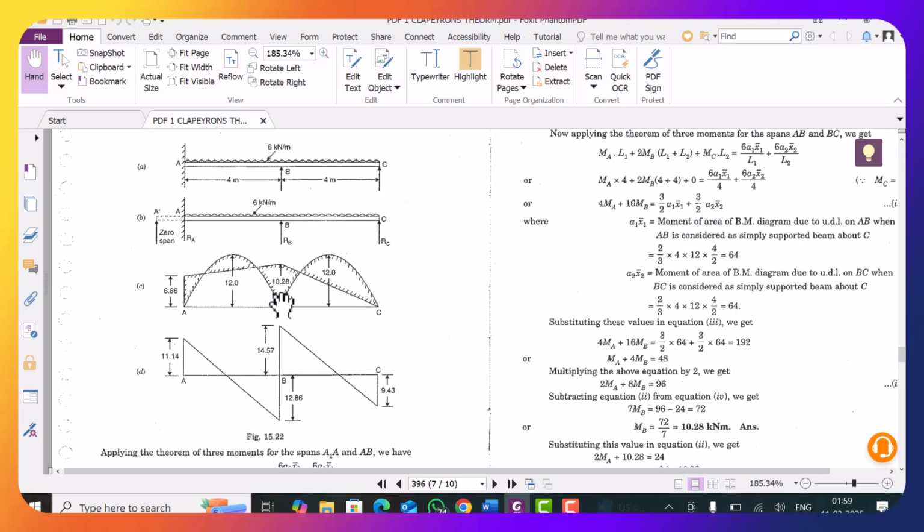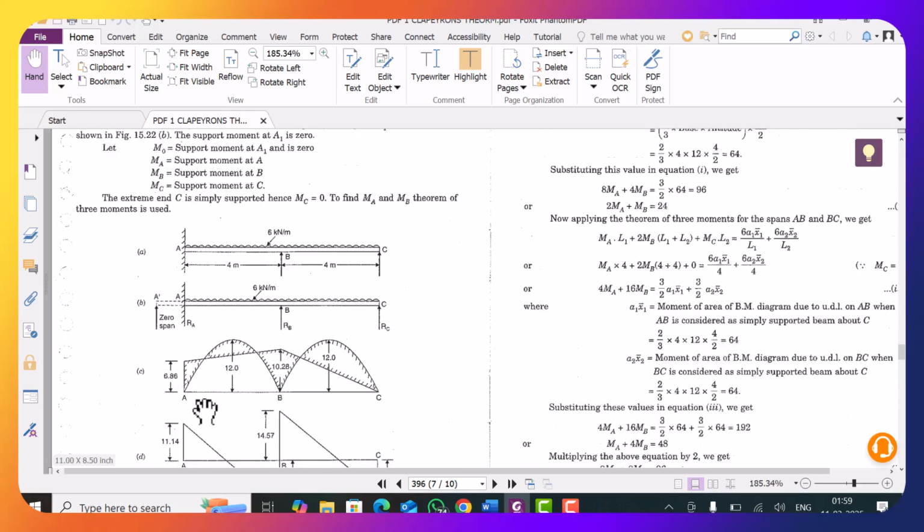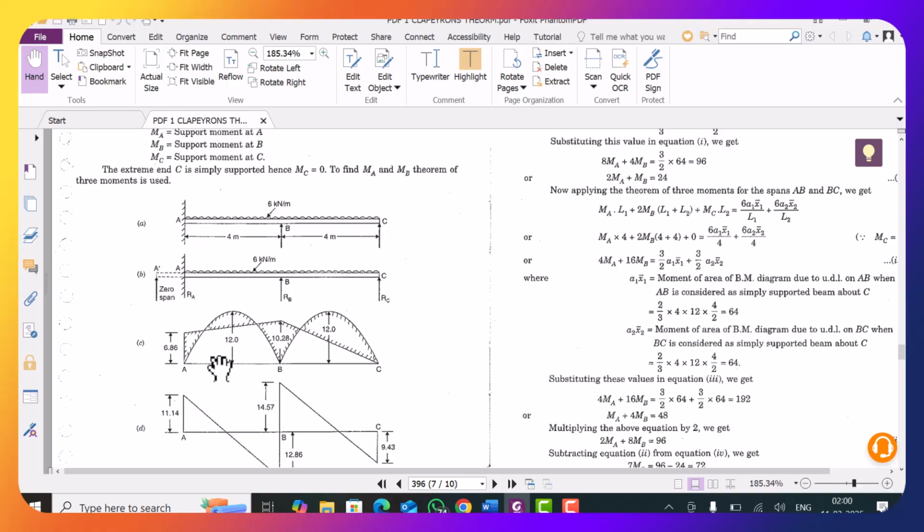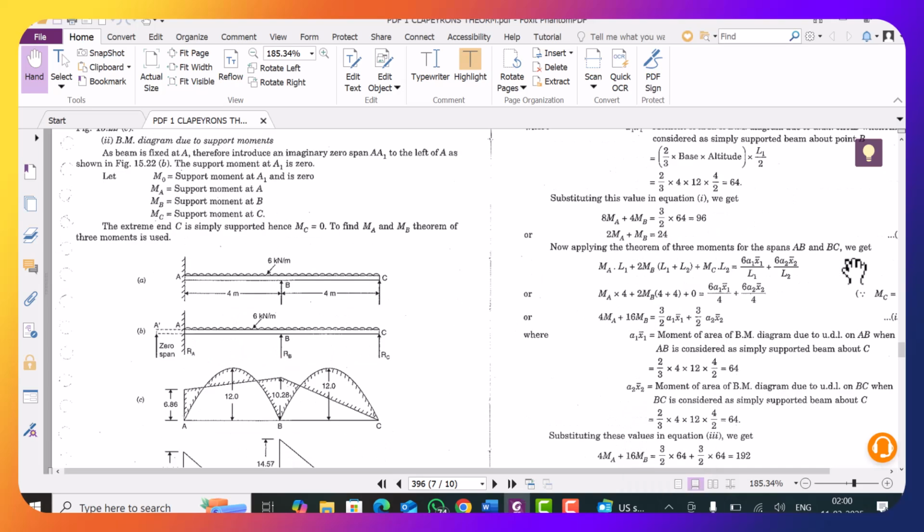So A1 means the area under this bending moment diagram, and this is your parabola. So the area will be 2/3, base is 4 meters, into height 12. So this will be the value of A1.